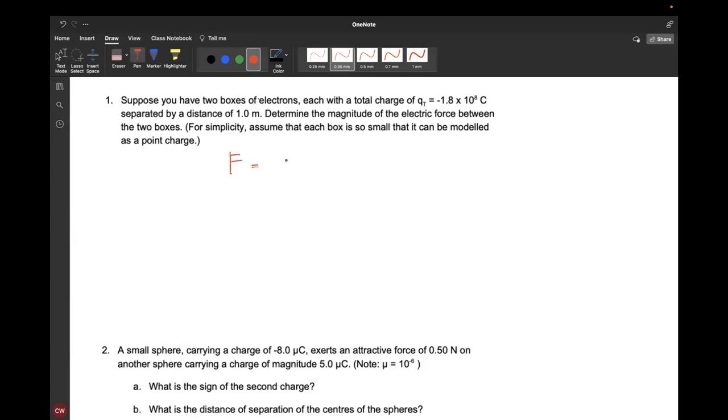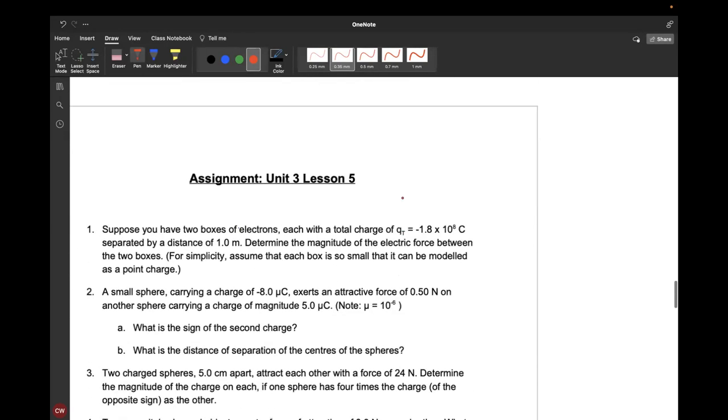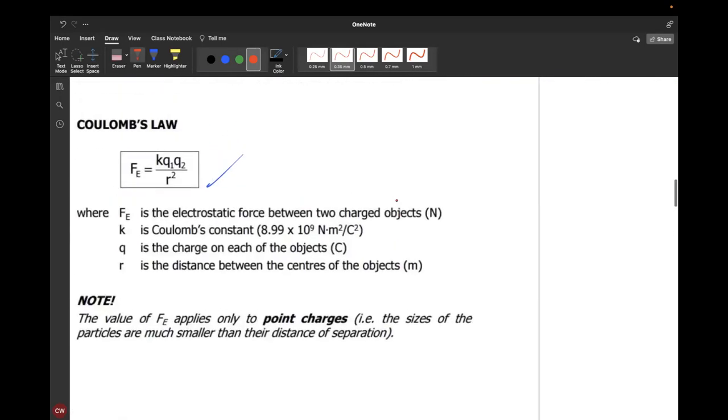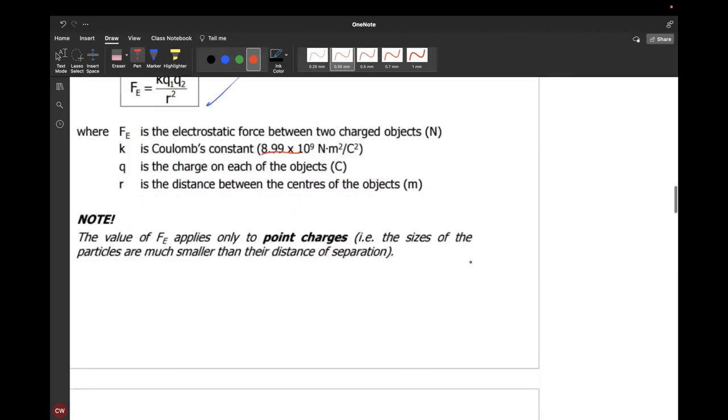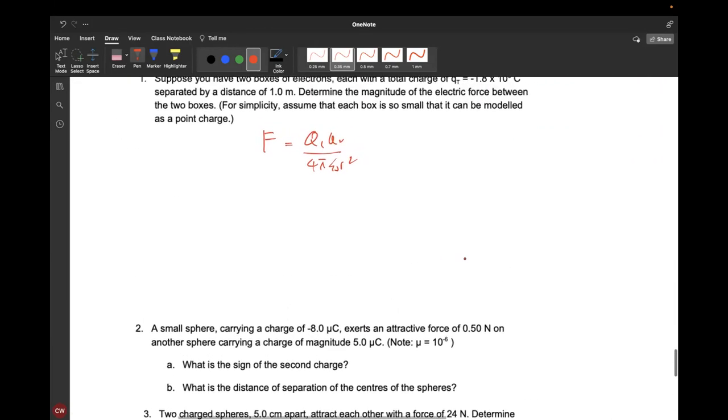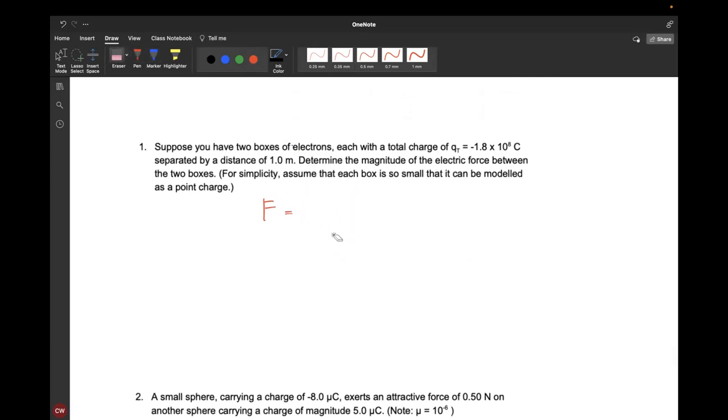F equal to Q1 Q2 over 4 pi epsilon naught R square. Let me see the formula. Okay, there's a K value, I think better use this one, 8.99 times 10 to the power 9. Okay, we don't use this. We use K Q1 Q2 over R square, 8.99 times 10 to the power 9.